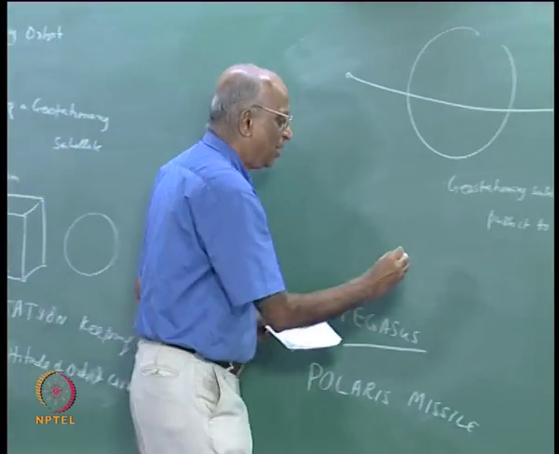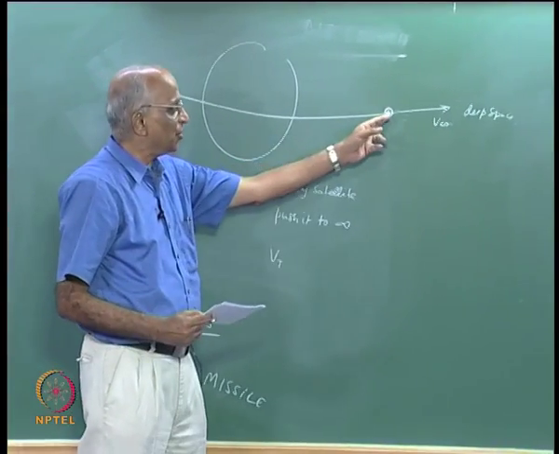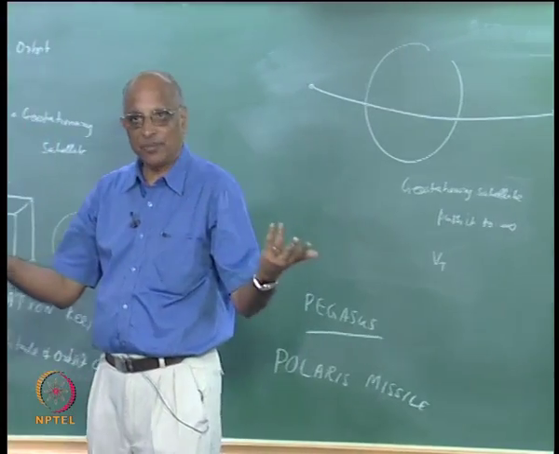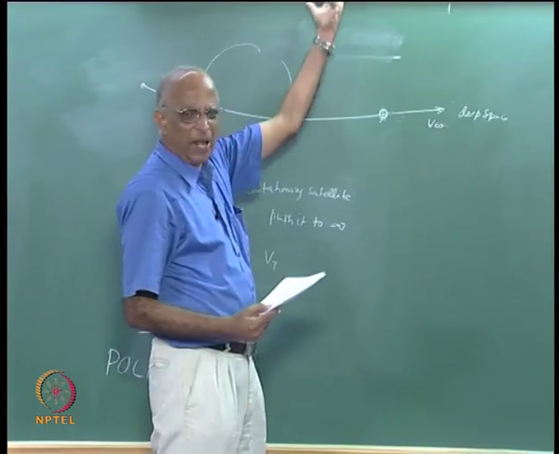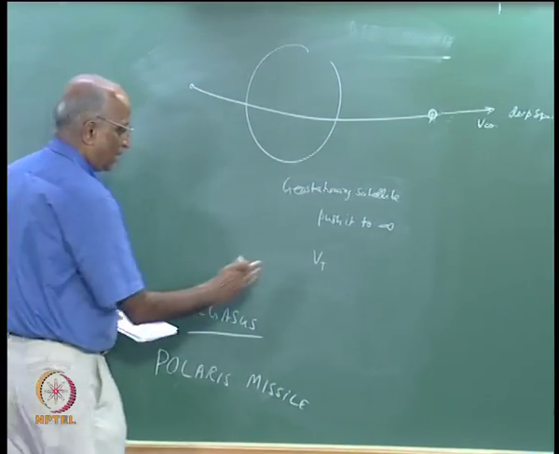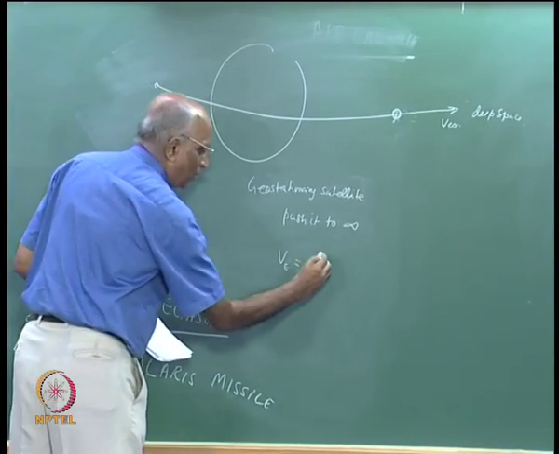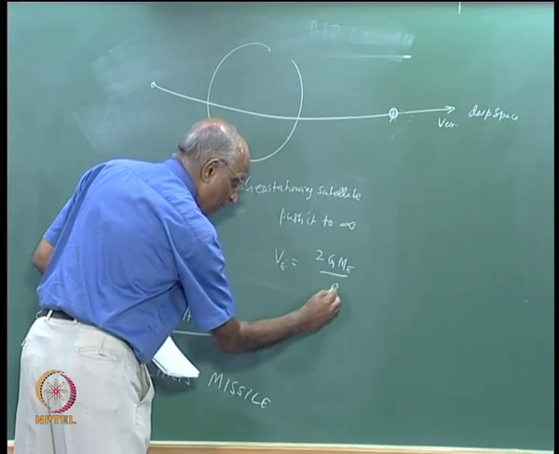What is the velocity required to push a spacecraft out of the geostationary orbit into deep space? That means I have to escape from the earth. Let us forget about the pull of the moon, other planets and all that. Let us assume only earth is attracting. Therefore, I want to find out the escape velocity. Escape velocity is equal to the square root of 2 g Me by r.